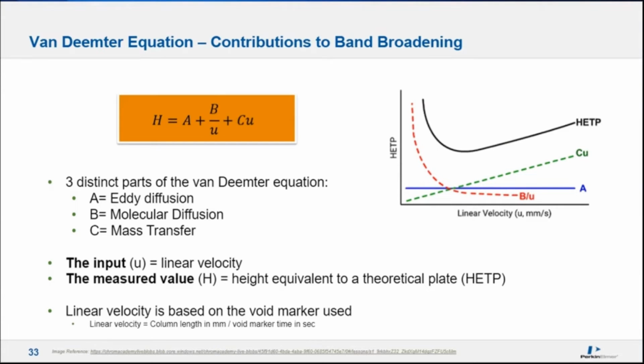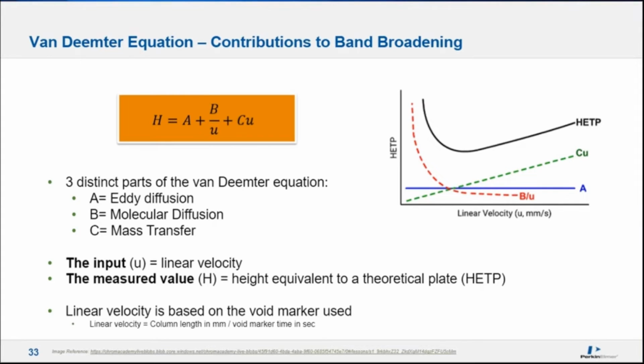The A term, or the eddy diffusion term, or the multipath effect. We have the B term, which is the molecular diffusion, and that's the actual diffusion within the stationary phase. And then the C term, which is the mass transfer from the stationary phase to the mobile phase.